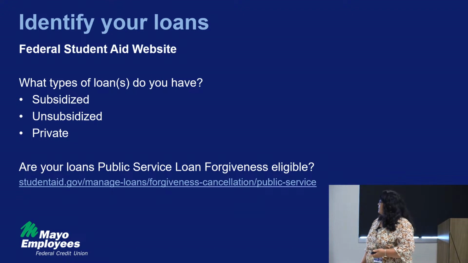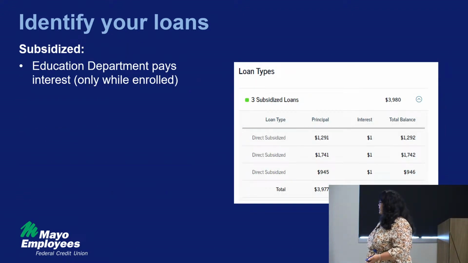Identify your loans. Subsidized means the Education Department pays interest while you're still in school. So what that will look like is, if you have direct subsidized loans, in this case, if you have 3 different loan types, they can have different loan amounts, and it totals out to $3,977.